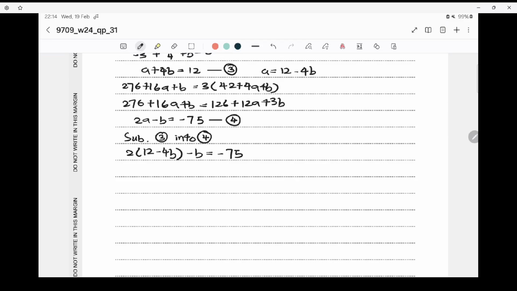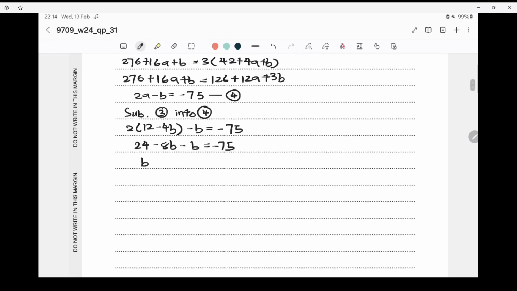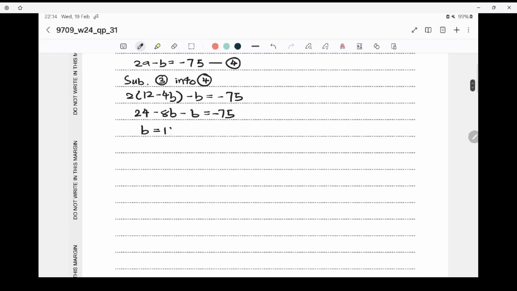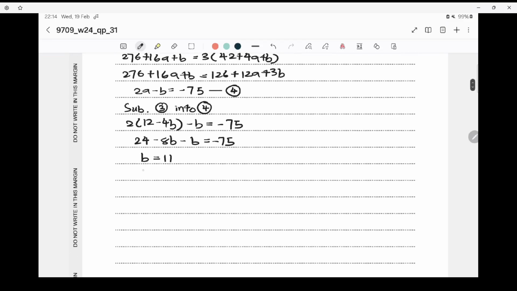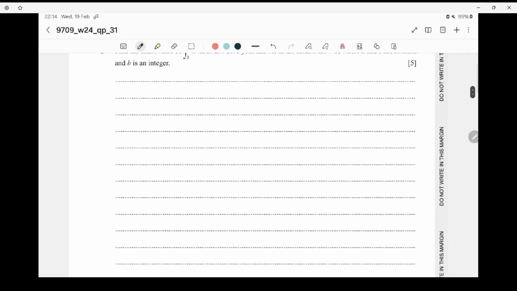You simplify everything, and you should get b equals 11. Then finally you substitute back into this equation, so a will be minus 32. So that's how you do question 1.